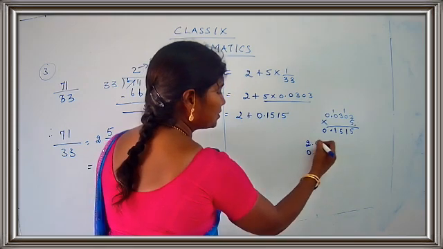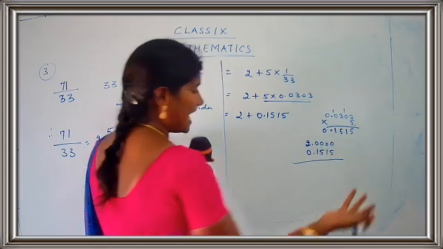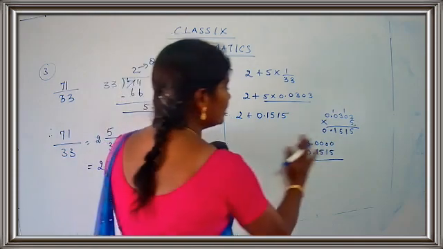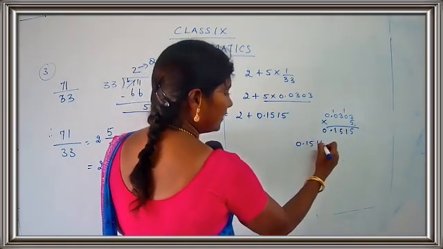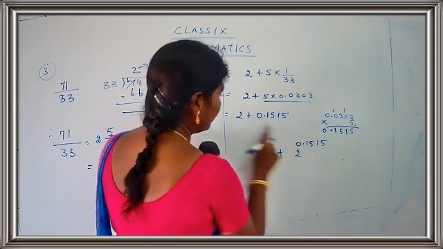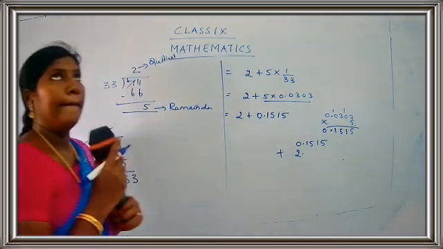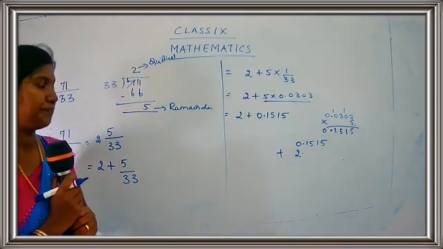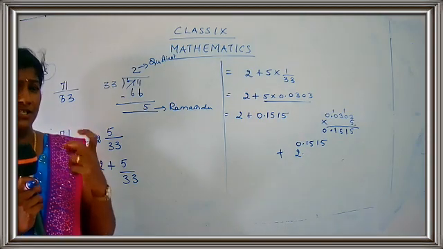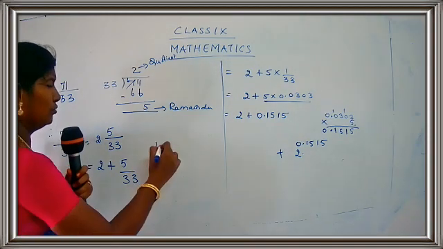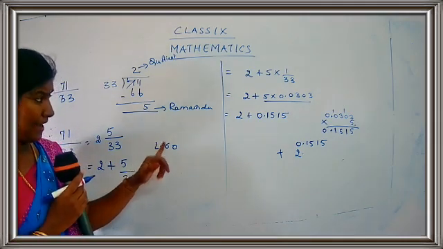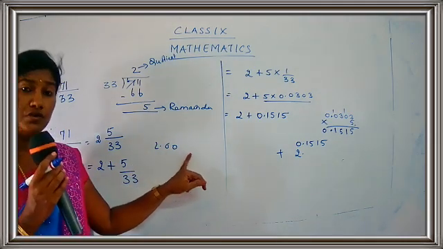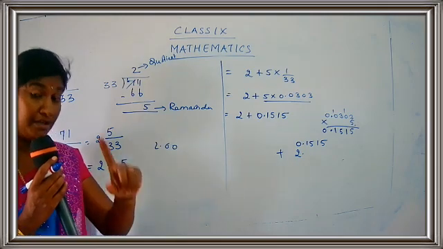So you can just put your 0, 0, 0, 0, as many zeros as you wish. If I say 2 rupee, what does it mean? 2.00. That means you can add as many zeros after a number.